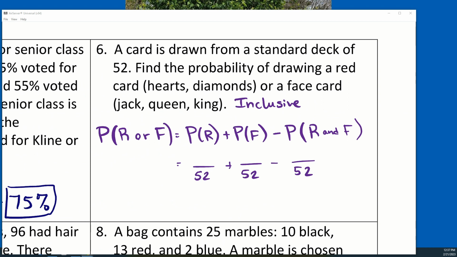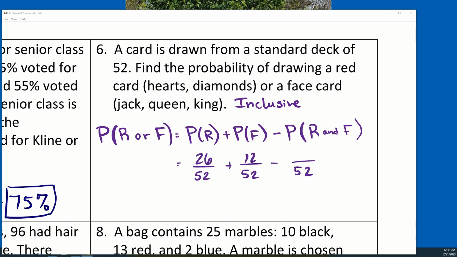And then the numerators are just going to be how many red cards there are in the deck, how many face cards there are in the deck. So how many red cards are there in the deck? 26 red, 26 black. Do you guys know how many face cards are in the deck? I wish I had this on my screen, but I don't. There's 12.